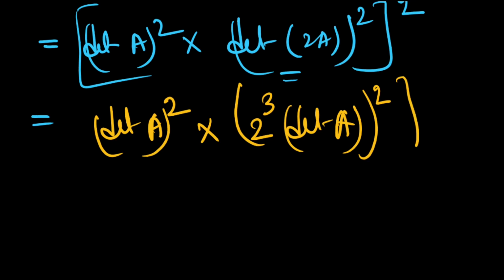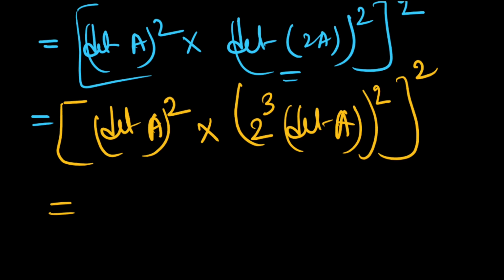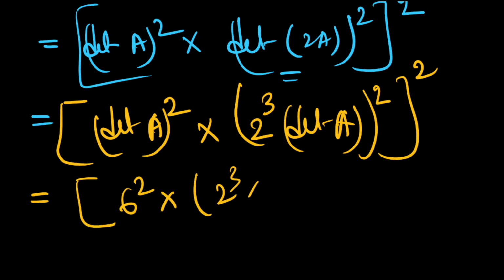In the question it is given that determinant of A is equal to 6. So we put here 6 square multiplied by 2 cube into 6 square, and this whole square.